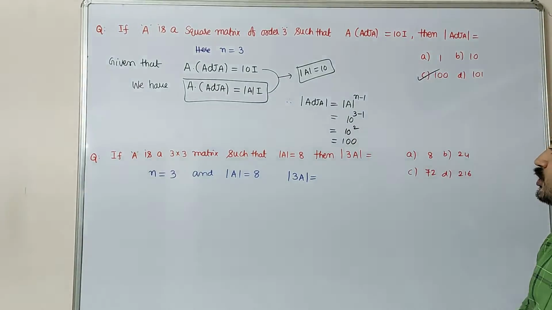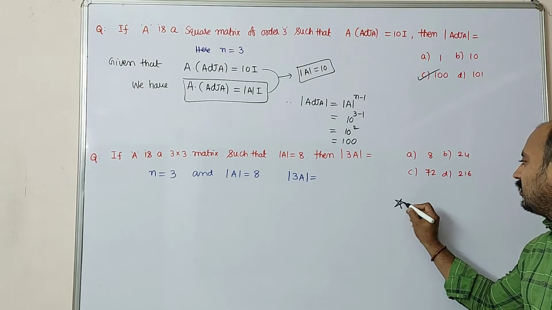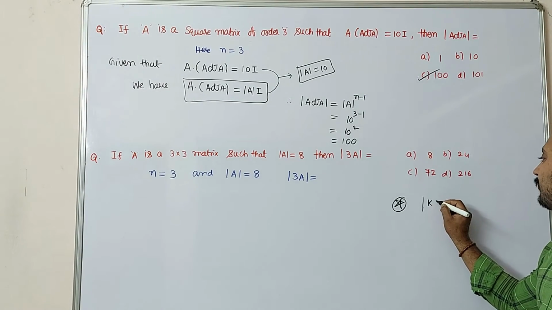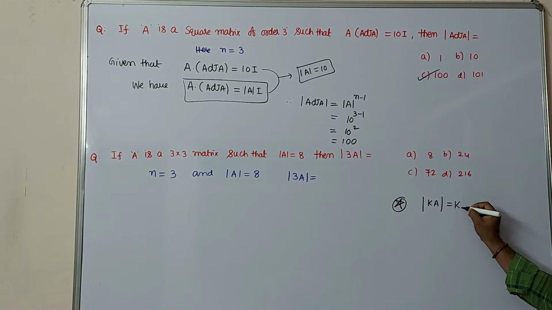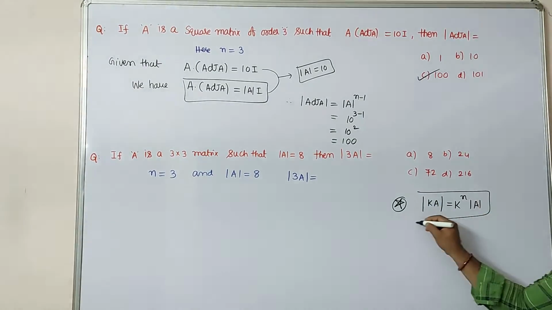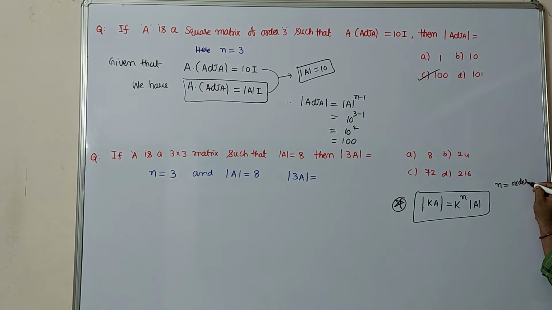Before doing det of 3A, we have the formula: determinant of k times the matrix A is equal to k power n into det A, where n is the order of the matrix.